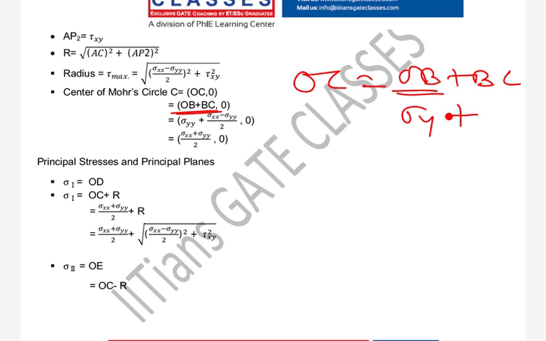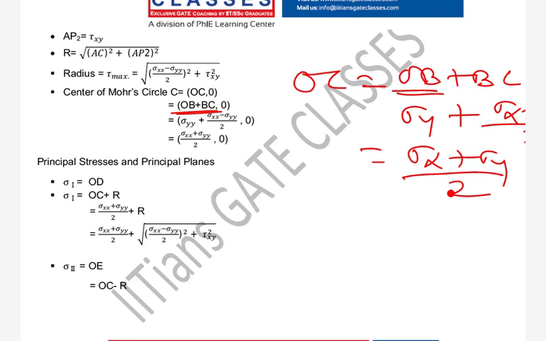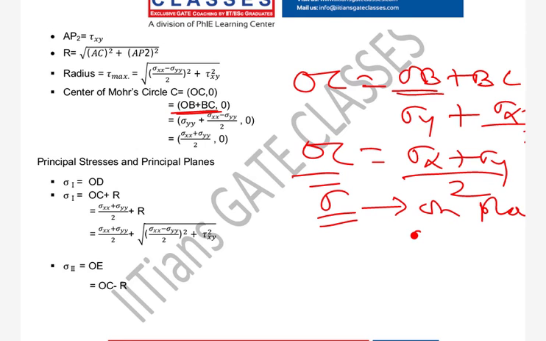What is your BC? Sigma x minus sigma y by 2. So what we got? Sigma x plus sigma y by 2. And this is the normal stress on the plane of max shear. Right?